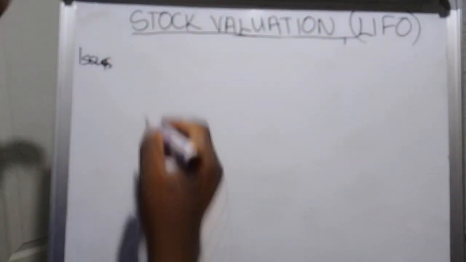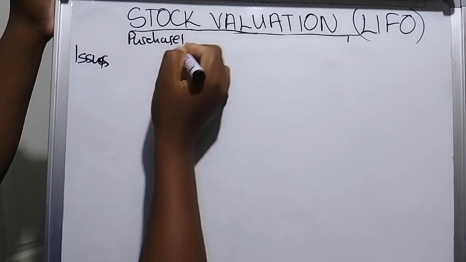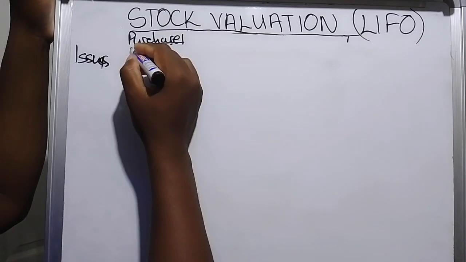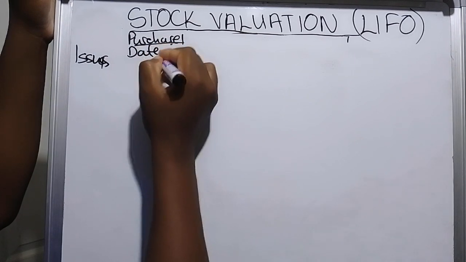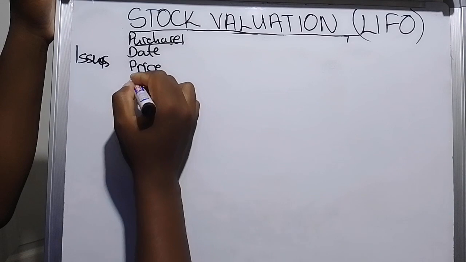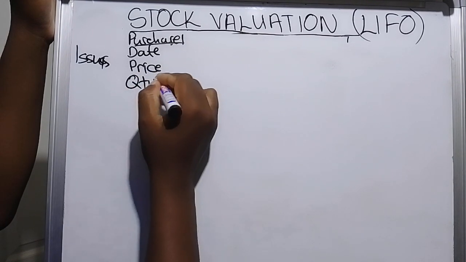Then the purchases side will be this side. Then I'll put date, I'll put price, I'll put quantity, which is QTY.